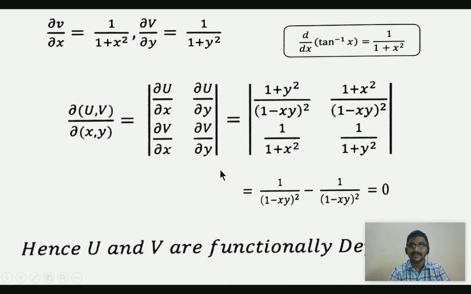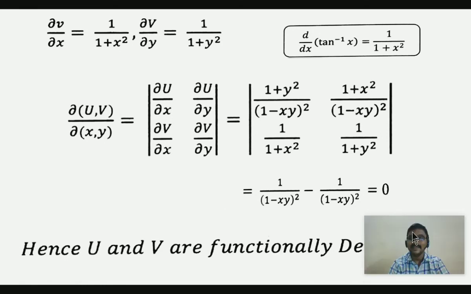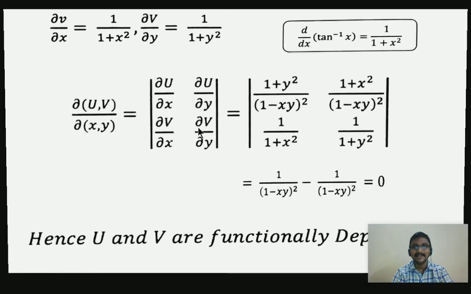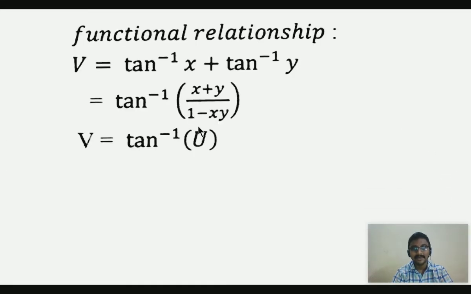That means u and v must be functionally dependent. Whenever two functions are functionally dependent, there exists a functional relation. The functional relationship: v is tan inverse x plus tan inverse y. This expression can be written as tan inverse of (x plus y) by (1 minus xy). But what is (x plus y) by (1 minus xy)? It is nothing but u.